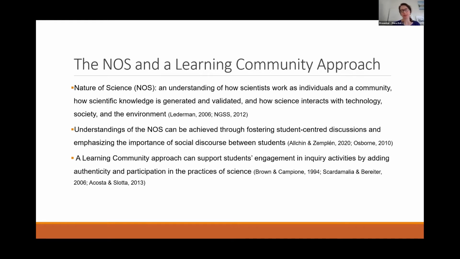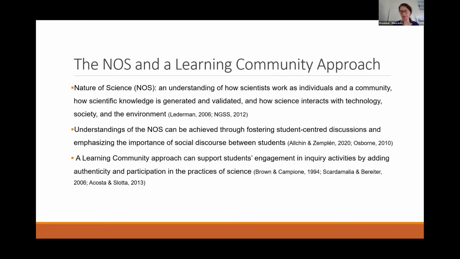For nature of science, as some of you may know, the terminology is a bit variable. We are basing our study on this terminology. Nature of science is an understanding of how students work as individuals and the community, how scientific knowledge is generated and validated, and how science interacts with technology, society, and the environment.